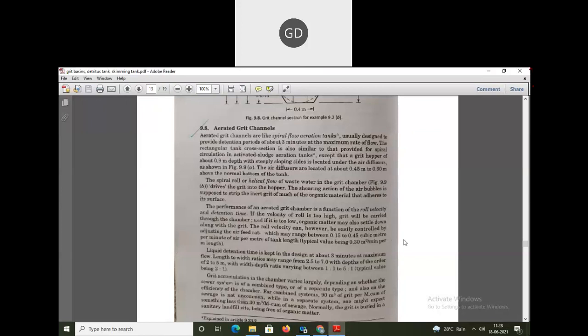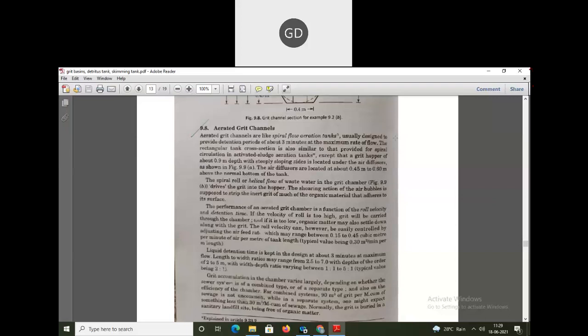So these aerated grit channels are also known as spiral flow aeration tanks. They have a detention period of 3 minutes at the maximum.